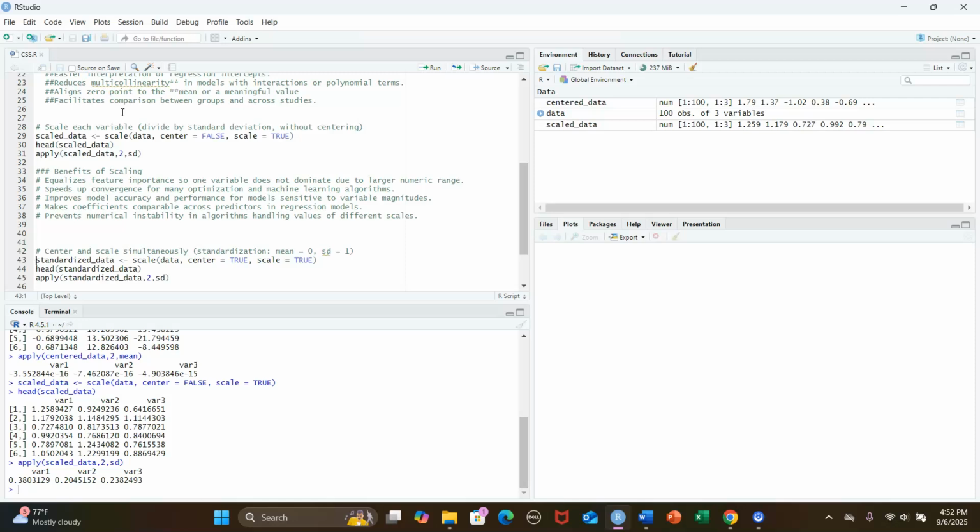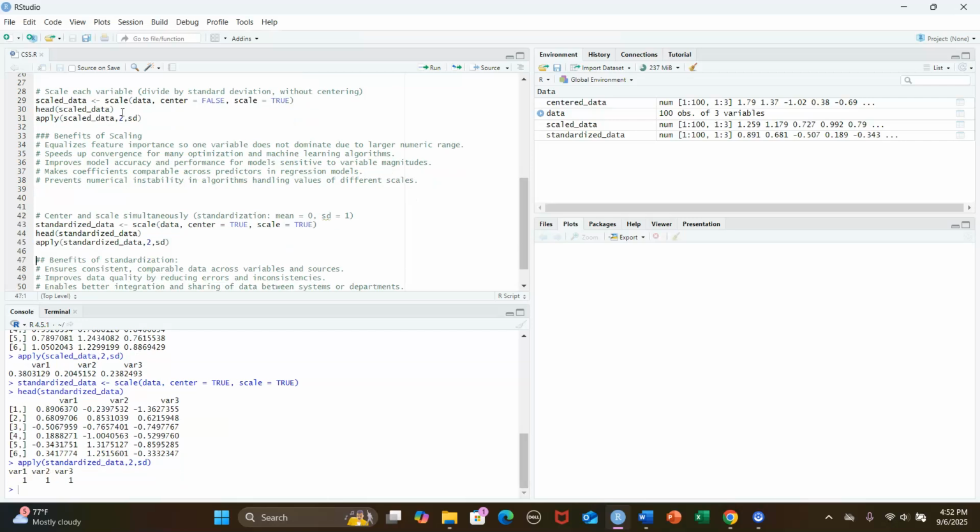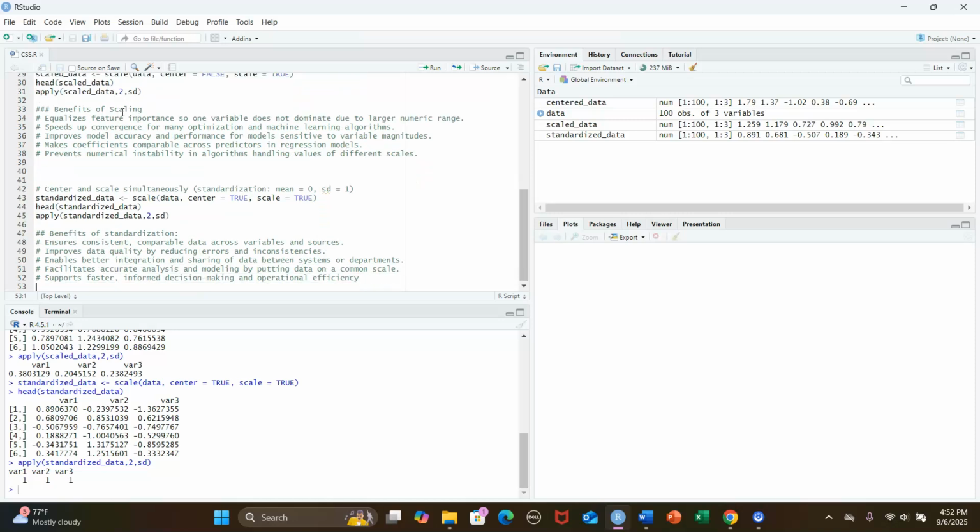So you can standardize the data with scale of data, center equal to true, and scale equal to true, and this is what it looks like. The numbers should be smaller, close to 0 and 1. If the data are normally distributed, they should be centered around 0 with a standard deviation of 1. If you take a look at the standard deviation of the standardized variables, you can see they are all equal to 1.